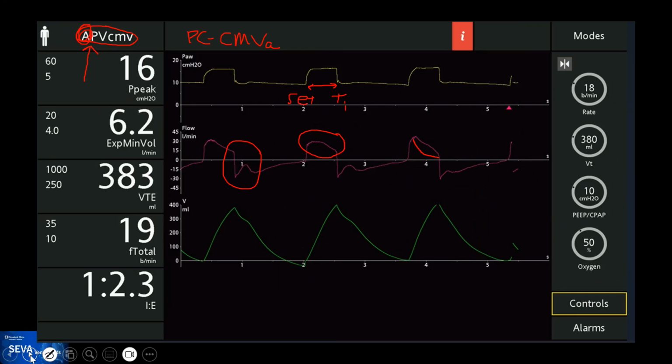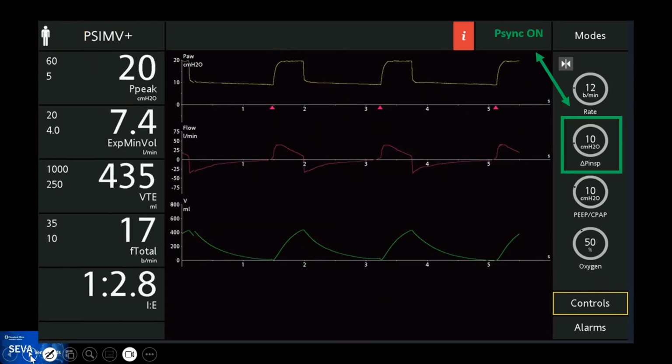So you can go to the next one, Rob. What do you guys think is the tag on this mode? The commercial name is PSIMV plus, which we usually associate with pressure SIMV.